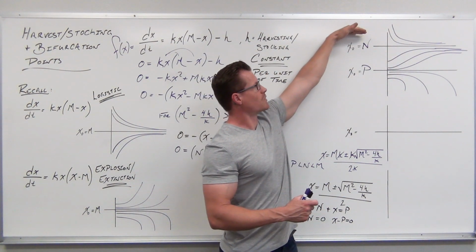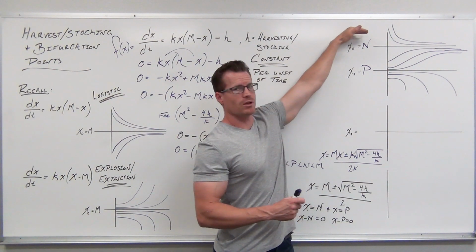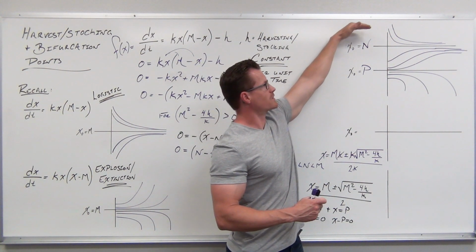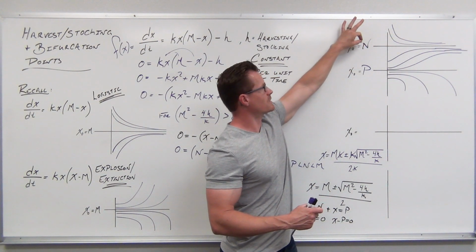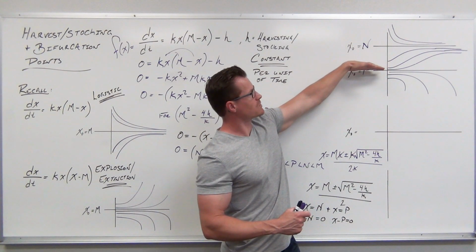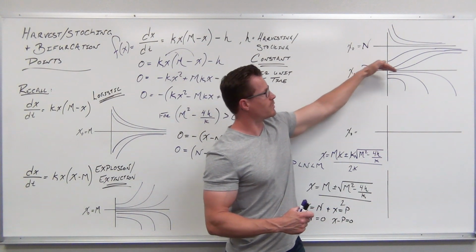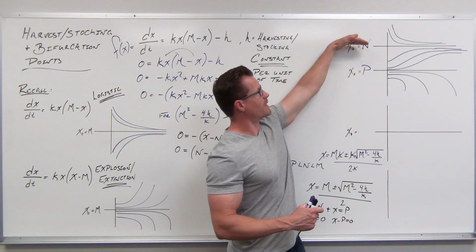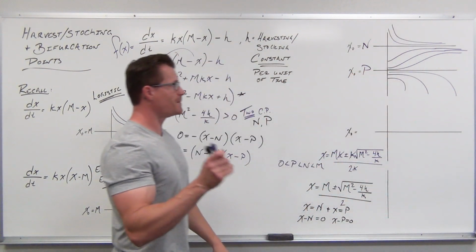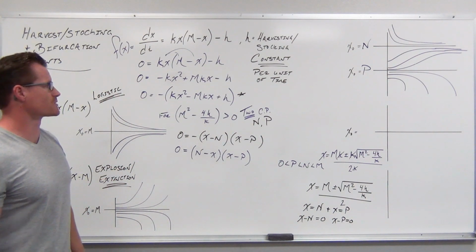If we have something greater than that, then we have a lot of population, right? So our harvesting is going to decrease that until we get to this equilibrium solution of n. So we have a threshold equilibrium where we're going away from it, and an equilibrium with a limiting population where we're going to go to it. I hope that makes sense to you because we're going to consider two more cases right now.